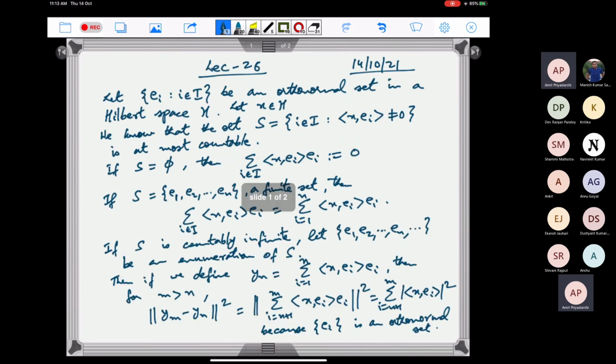Here I wrote it wrongly. Our set S was just the index i for which this is non-zero, but here I am writing that same S, so I should write this as something else.